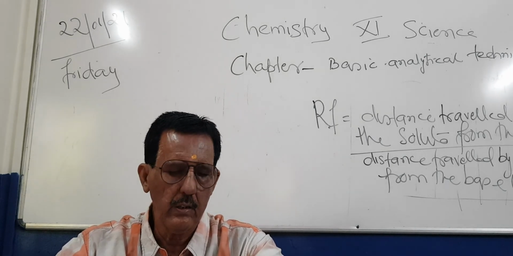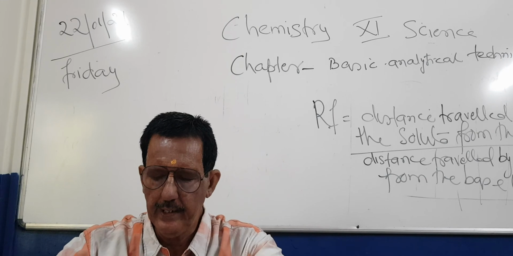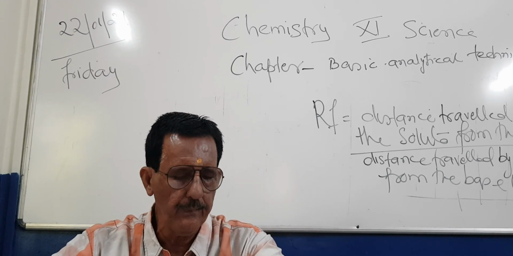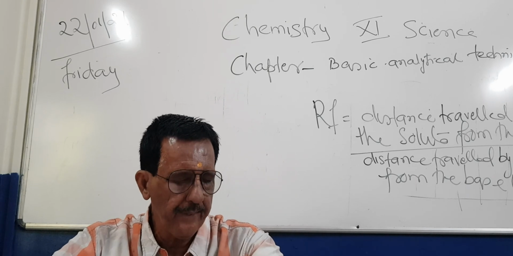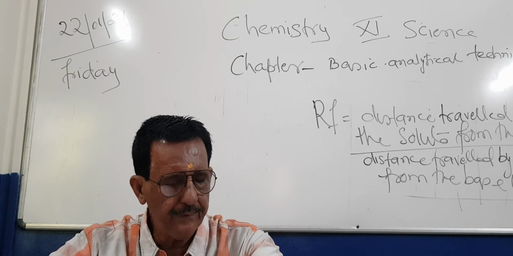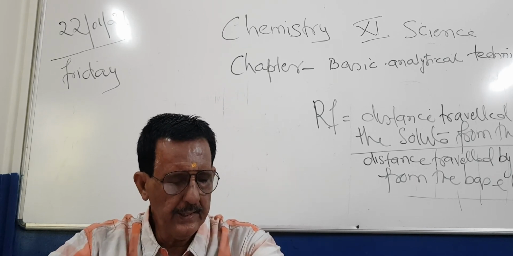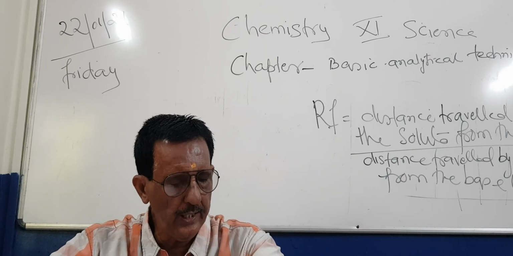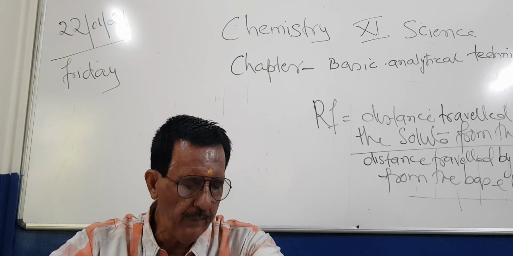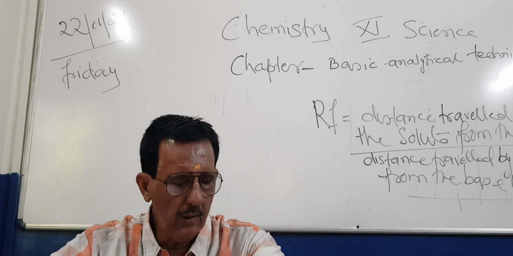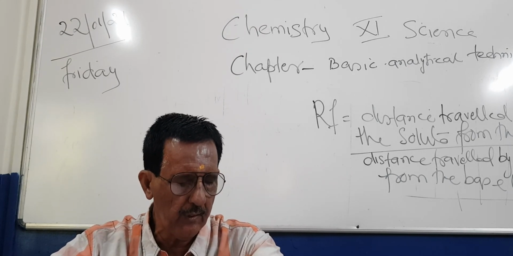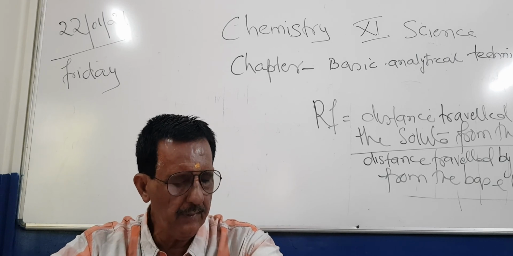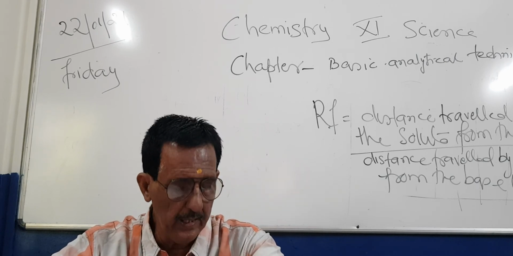So this is all of the chapter. Only now a little portion I will discuss with you: what is partition chromatography. In partition chromatography, the stationary phase can be solid or liquid, for example alumina, silica gel. If the spotting of the mixture is not done above the level of the mobile phase, then the mixture will get completely submerged.